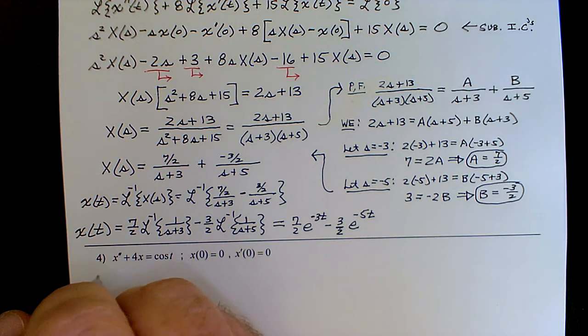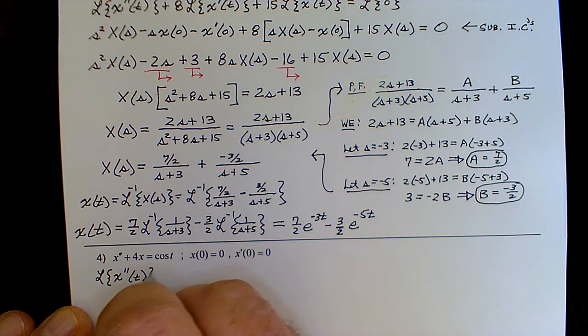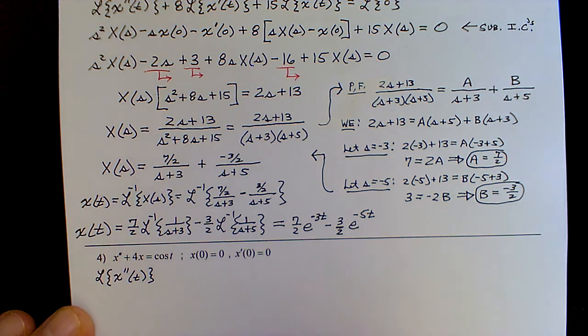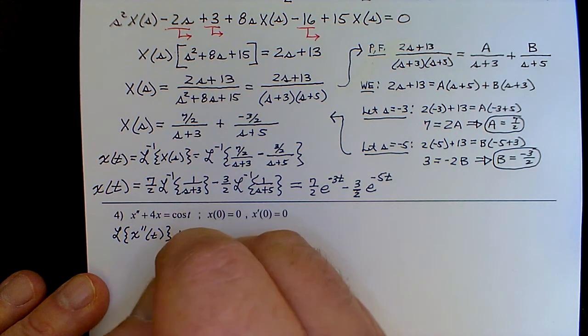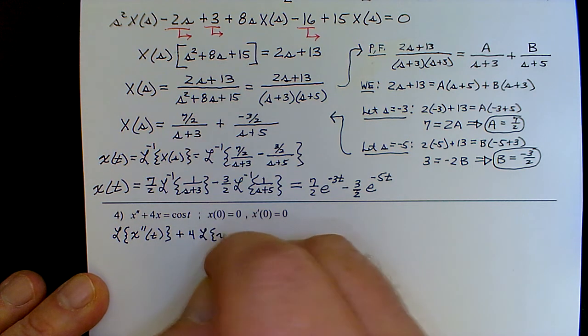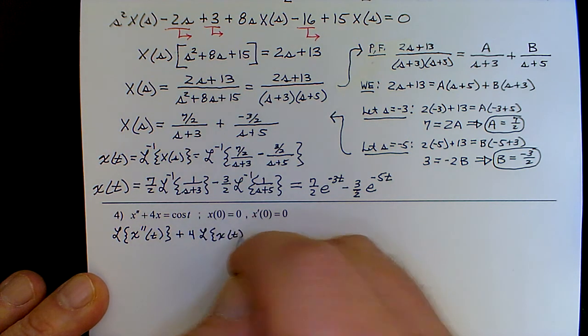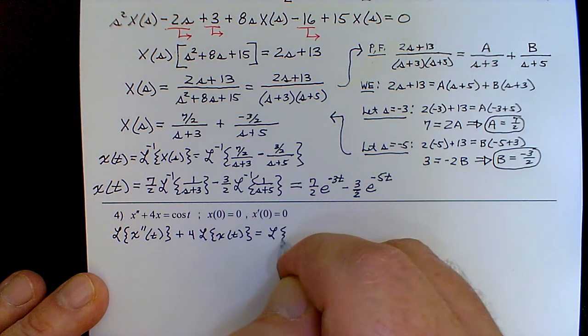So start as normal. Remember, you want to use the linearity property and change these over to functional notation as well. So the Laplace of x double prime of t plus 4 times the Laplace of x of t is the Laplace of cosine of t.